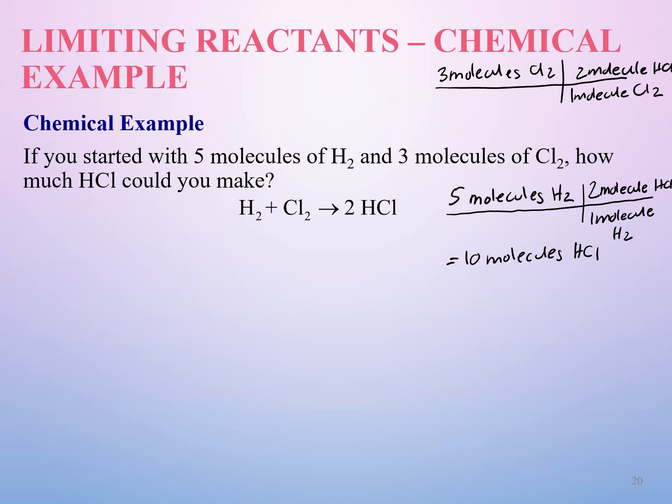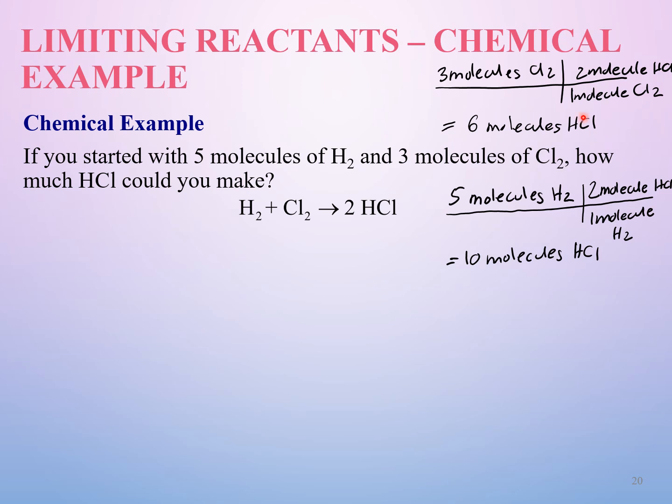Okay, so in this case here, my answer would be 6 molecules of HCl that can be formed. So you can make 6 or you can make 10. But you know that once you make 6 molecules of HCl, you actually run out of Cl to keep going to make the rest of the HCl. So 6 is actually the maximum that we can make.